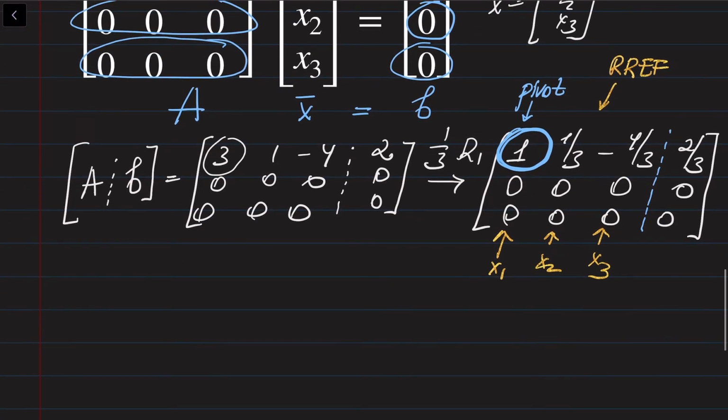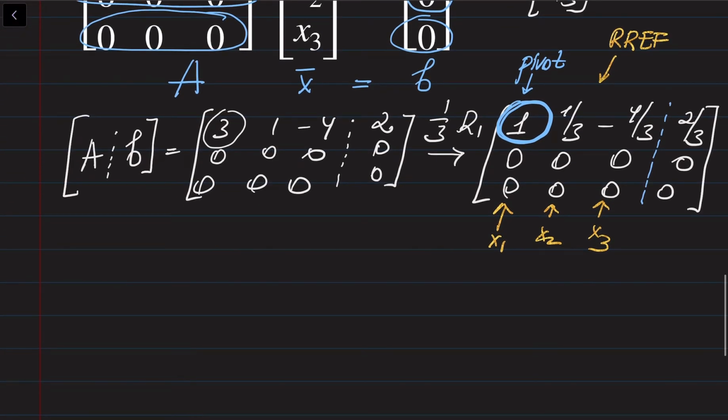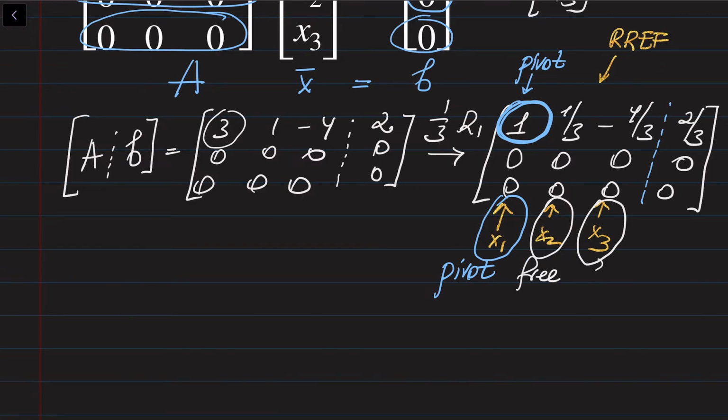And the column which has the pivot, which corresponds to this variable, is going to be called the pivot variable. So this variable is called a pivot variable because in that corresponding column, there is a pivot, or a leading one. And the other two, this column and this column, which don't contain the pivot, are going to be called the free columns.